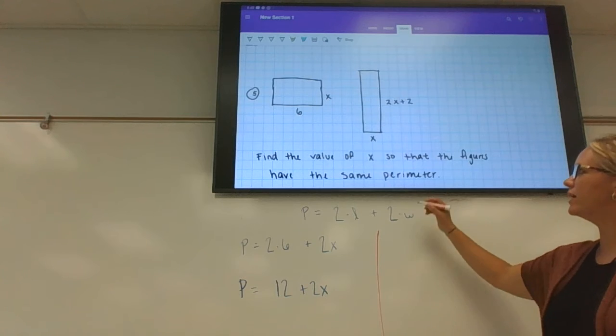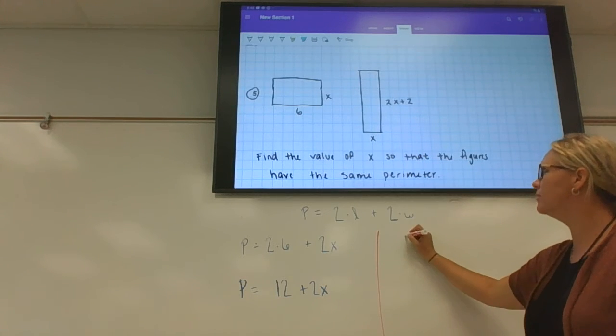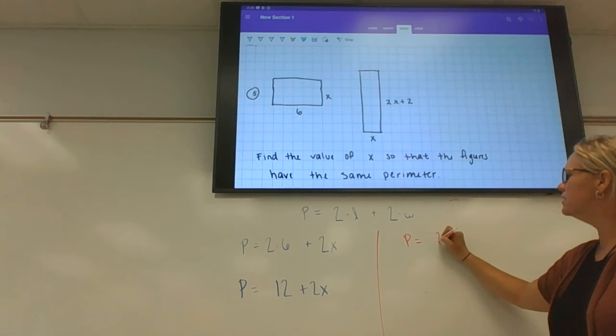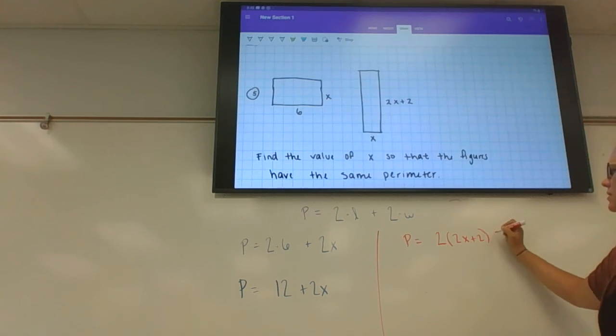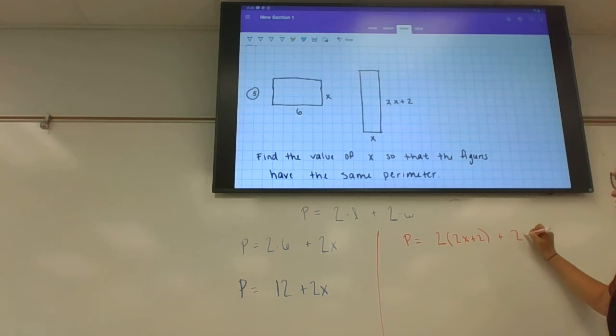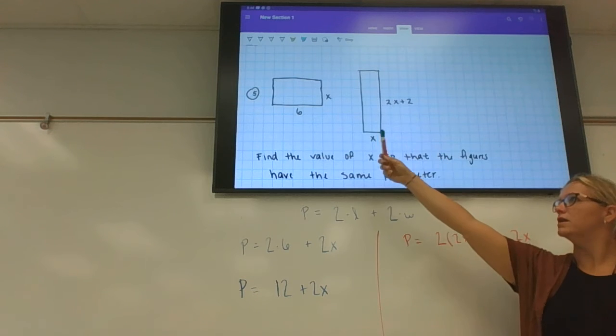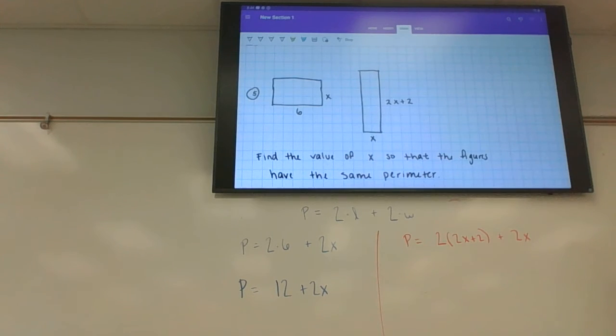Let's do the next side. Okay, so the skinny rectangle, the perimeter is 2 times 2x plus 2 plus 2 times x. Everybody agree with that? You got 2 times this side length and 2 times this side length. So we need to simplify this guy.